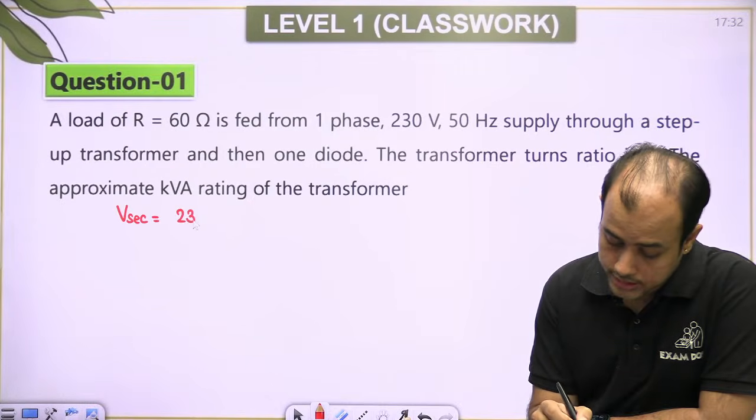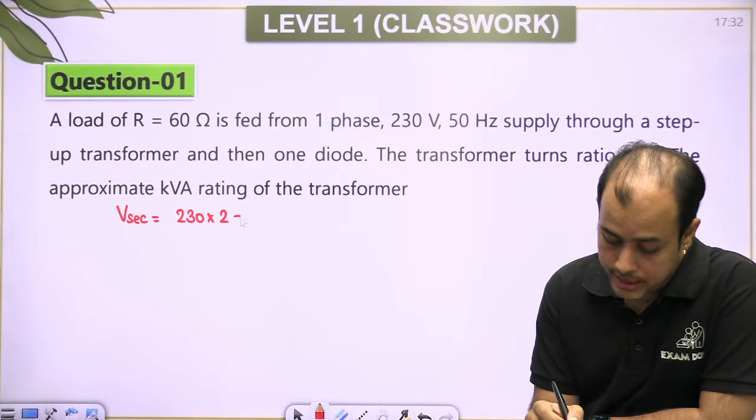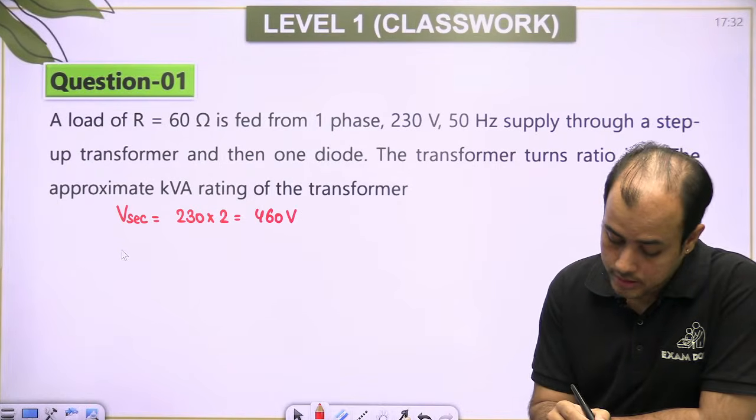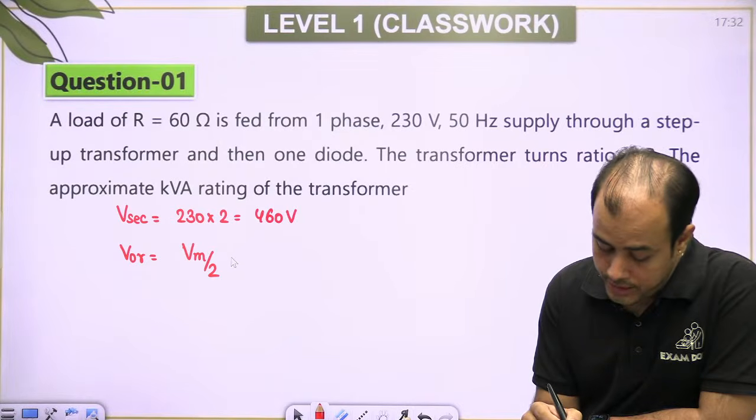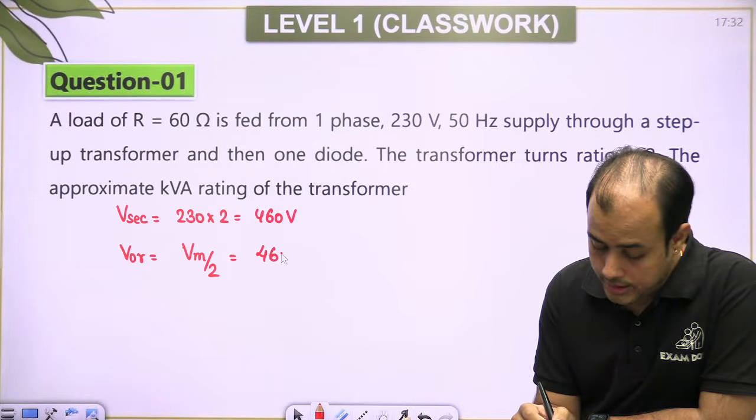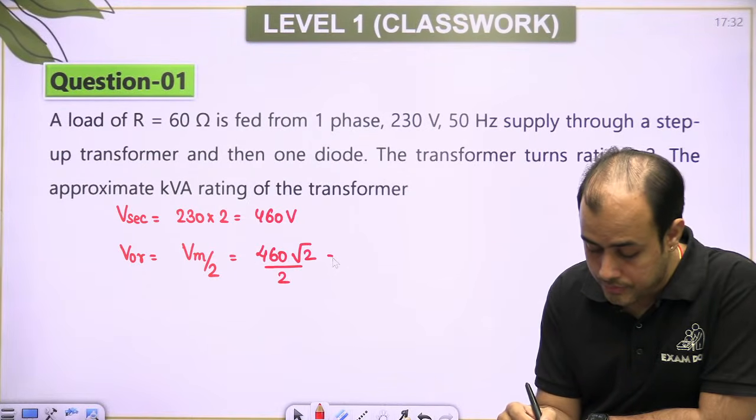It is 230 into 2 because it is step up transformer, 460 volt. What is V0 RMS based on diode? It is Vm by 2. It is a half wave rectifier. It is simply Vm by 2.